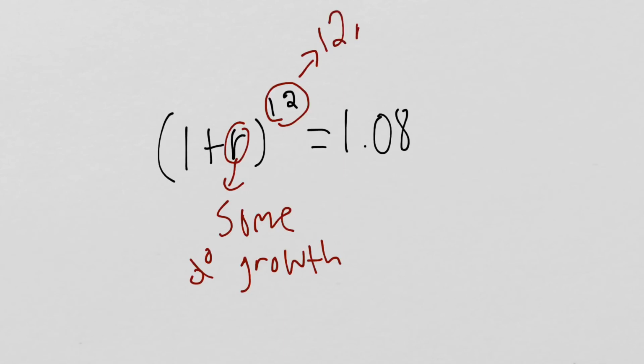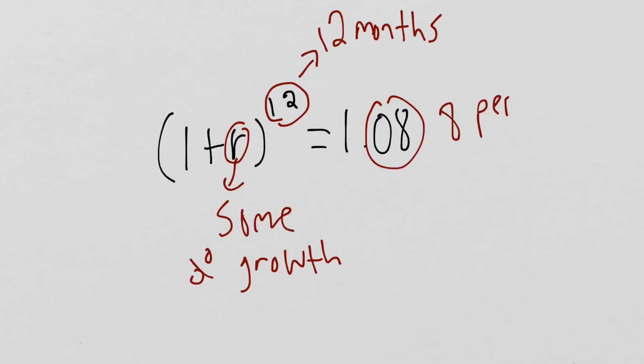So we're applying this interest every month for 12 months, and we're seeing that that is leading to 8% growth. So the question is, how much interest do we need to apply each month in order to lead to an overall 8% growth in a year?